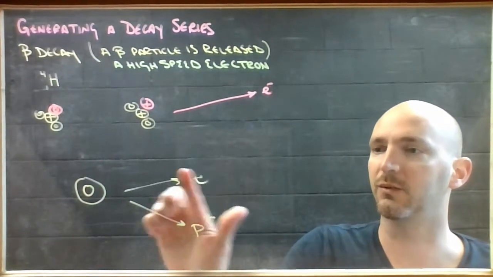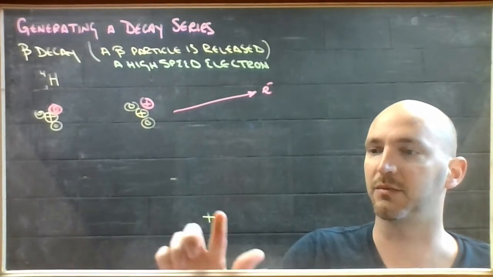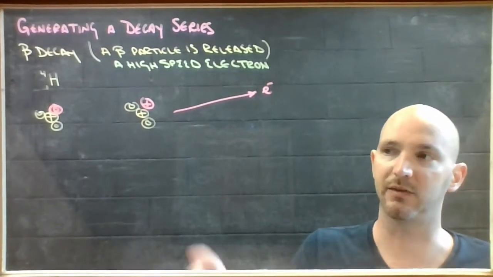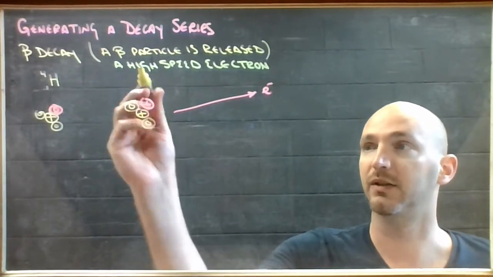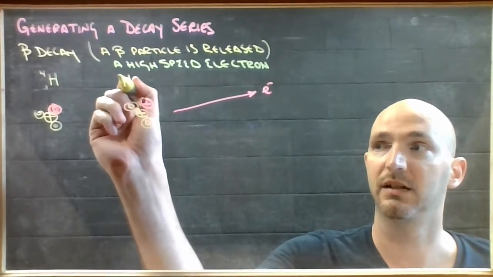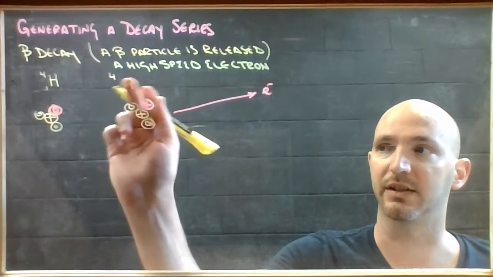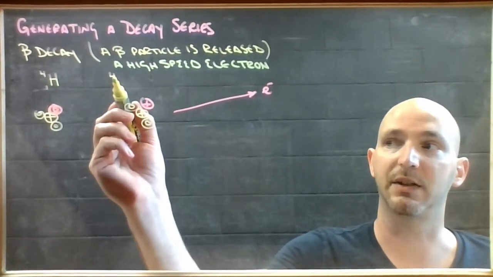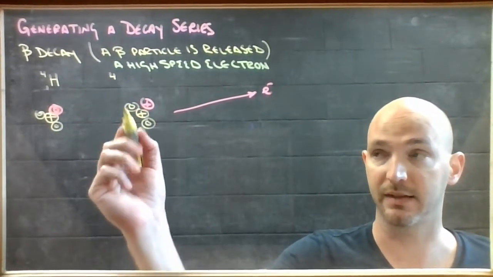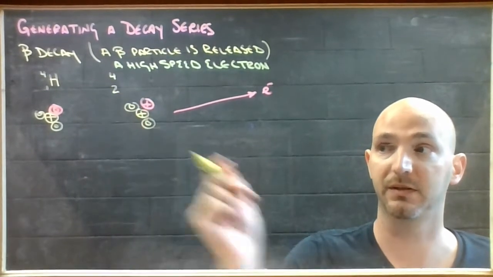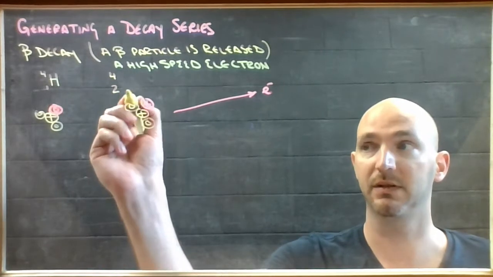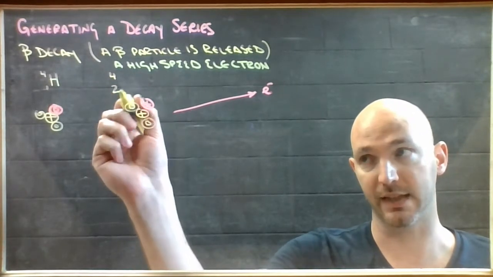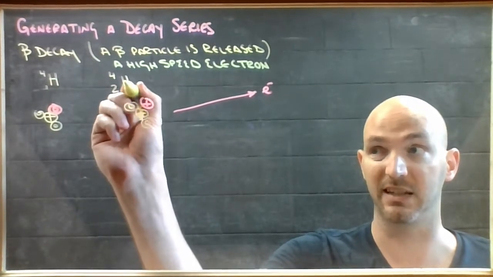So if you look at what's left in my pile here, I have a nucleus that has 2 protons and 2 neutrons. That is still a 4-particle nucleus, but 2 of them now are protons. And if I check my periodic table, a nucleus that has 2 protons is named helium.